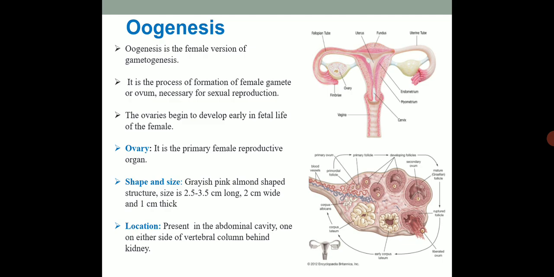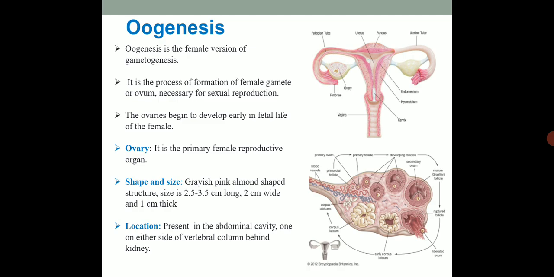You already know that the ovaries play an important role here and begin to develop early in the fetal life of the female. Here there are two pictures. The first picture shows the structure, shape, size and also the location of the ovary, whereas the second picture shows the histological details of the ovary, which you have already learnt in your earlier classes.